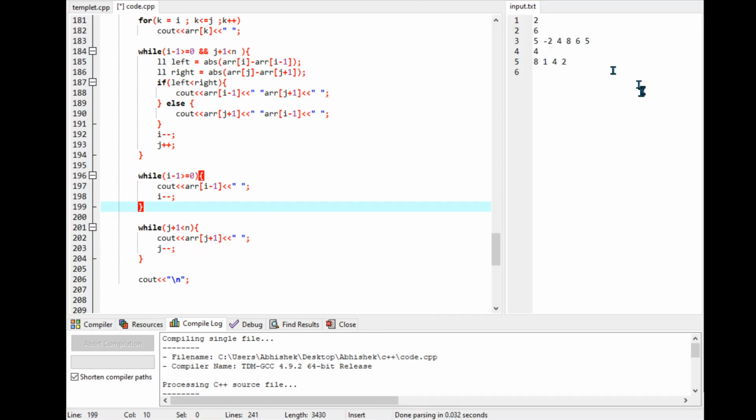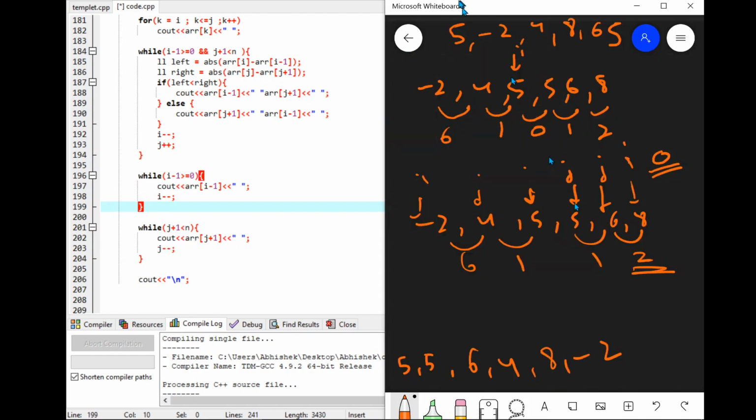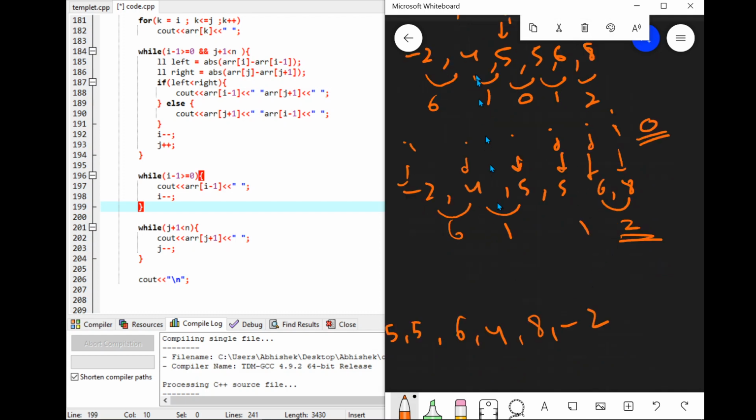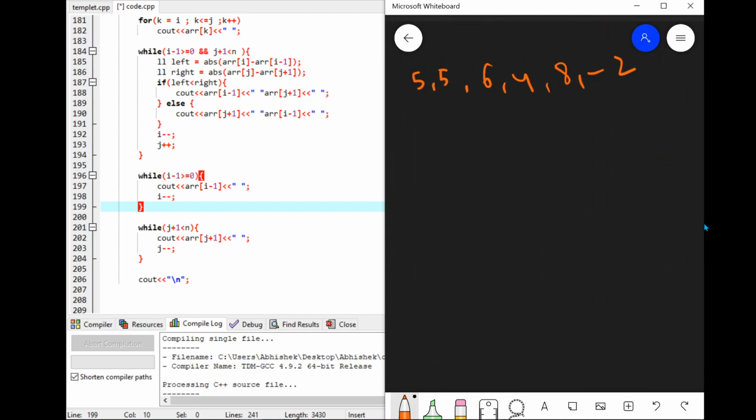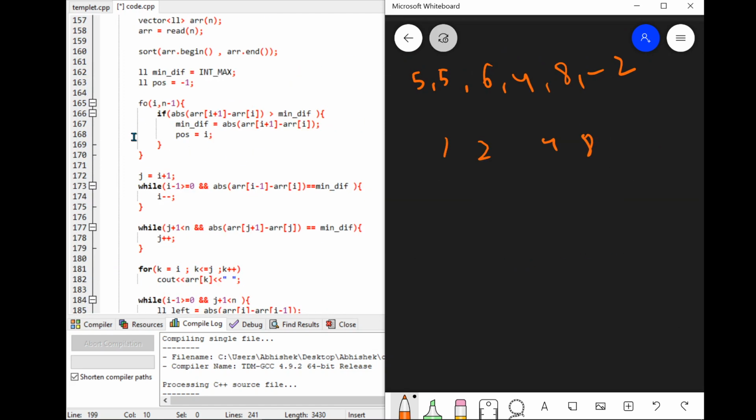Okay, let's test on the other example that would make things even more clear. The other example is 1 2 4 8. So I think till this point everything would be remaining same. 1, this will be 2, this will be 4.